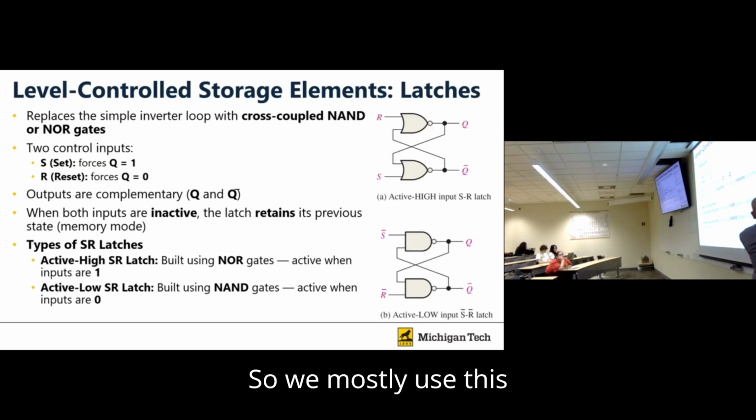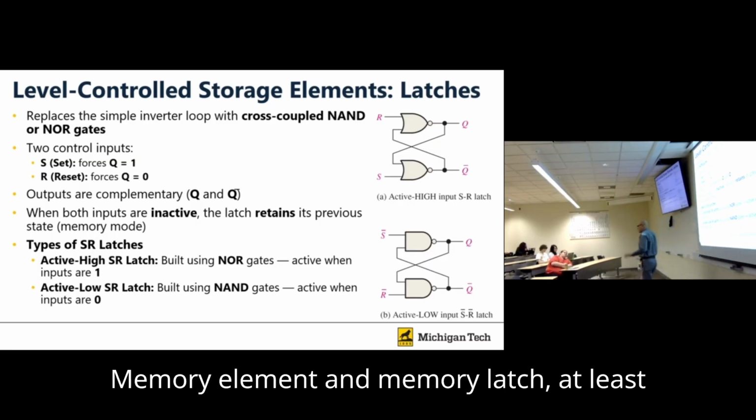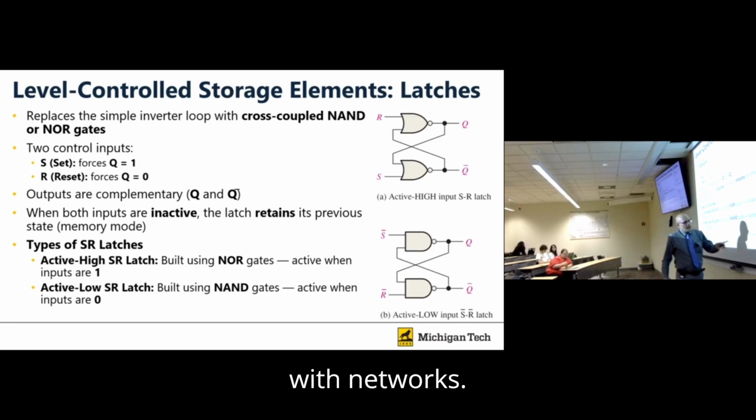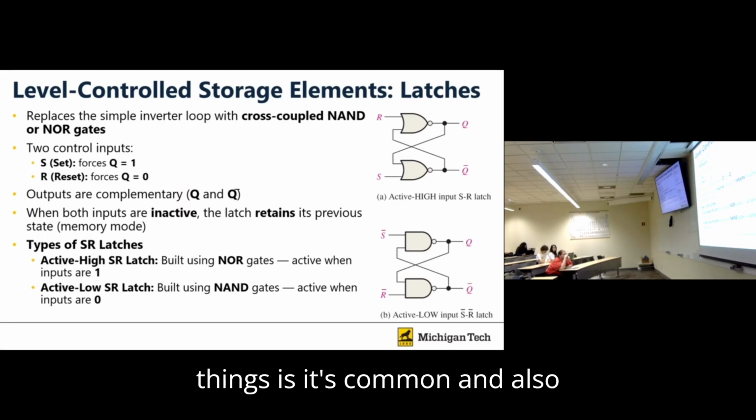We mostly use this as a general memory element, a memory latch, at least for SR, because it is built with NAND. That has more advantages, but one of them is that it's common and also better. So NAND is normally better.